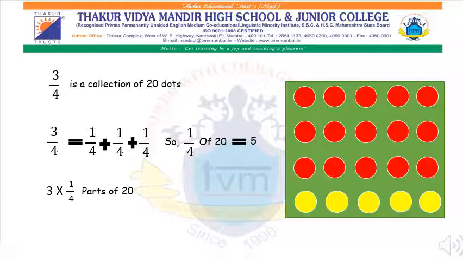So 1 upon 4 of 20, that is 3 multiplied by 1 upon 4 parts of 20. That is 3 into 20 upon 4. So what you are getting? 15. So 3/4 of parts of 20 dot collection is 15 dots.